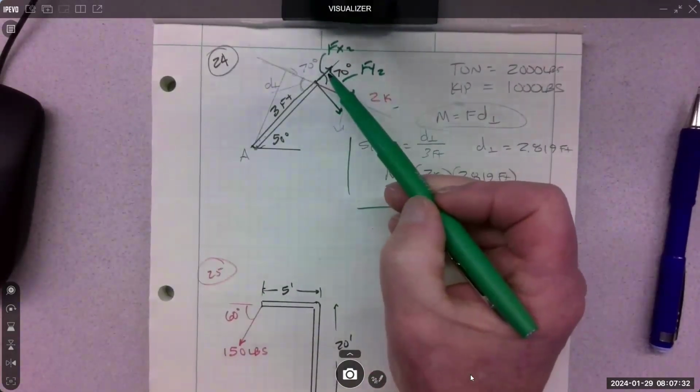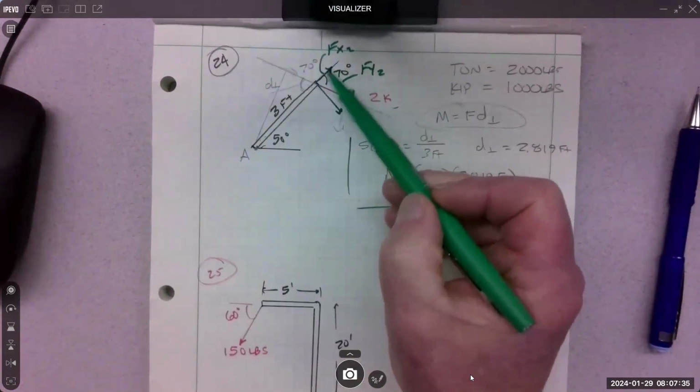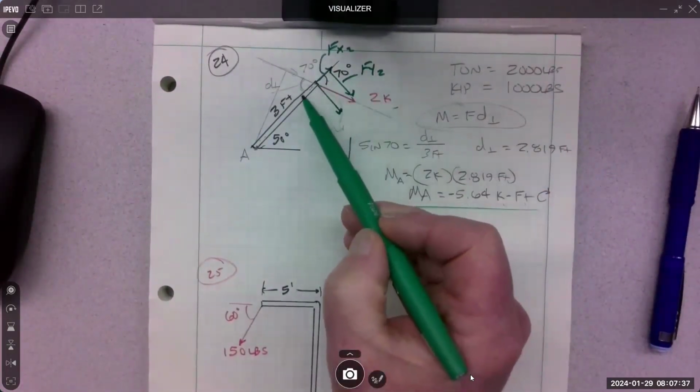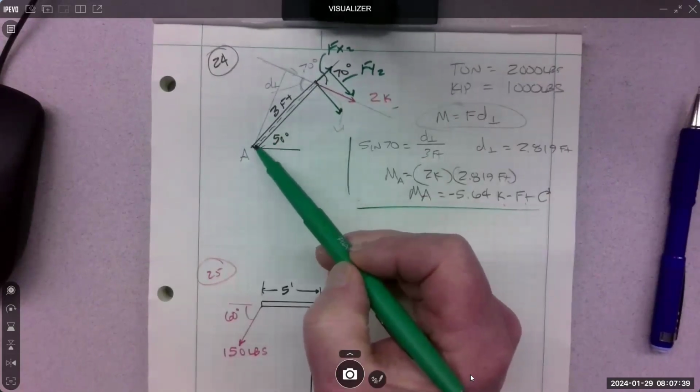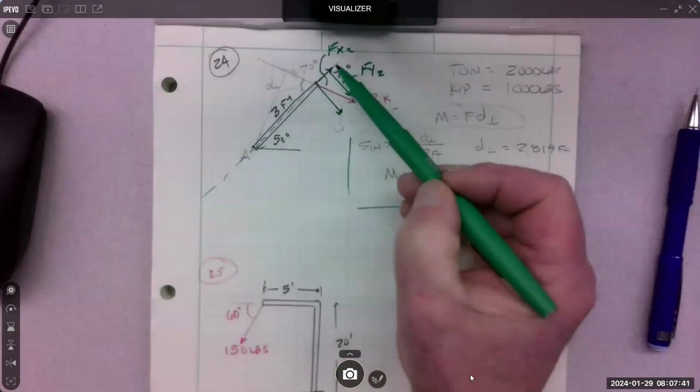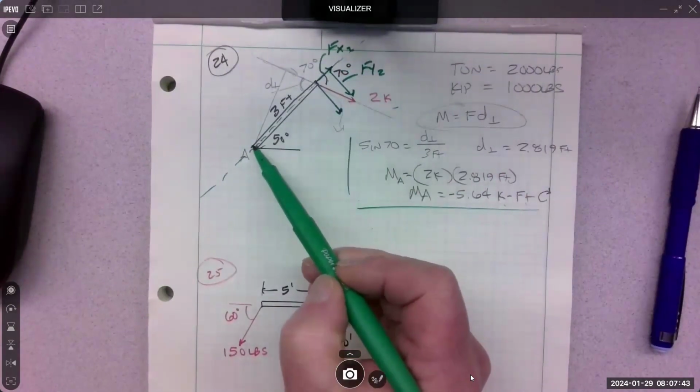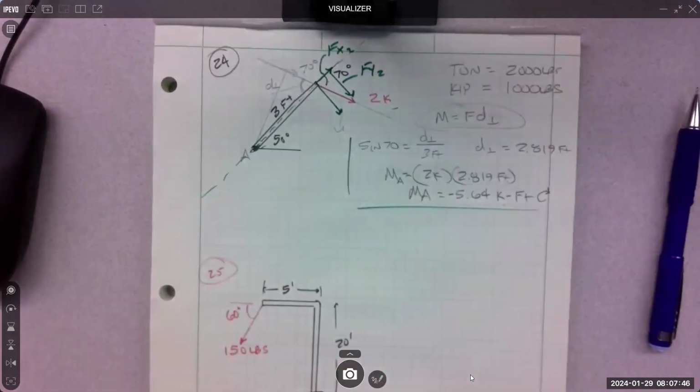So what about this X component? What's the moment of it about point A? Remember, if the force goes straight through the point, does it create a moment? Does not.